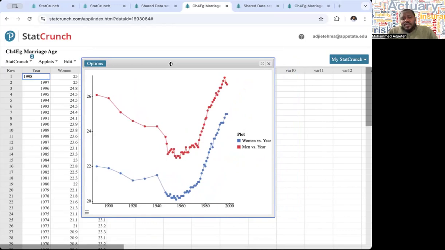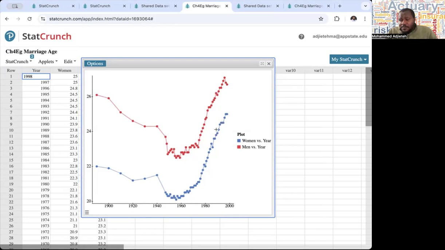You see, now we can see that almost at every year, the women marry earlier than men. And then we can also see that when we get to the 2000s, the average age for both men and women to marry in the US is rising.